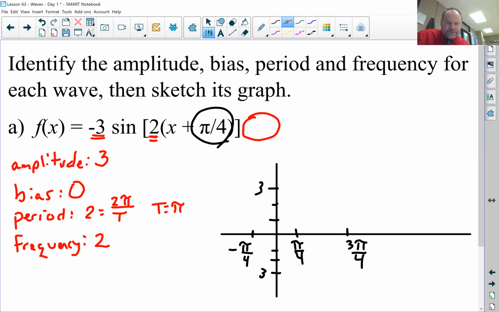So in this case, the graph would go down 0.